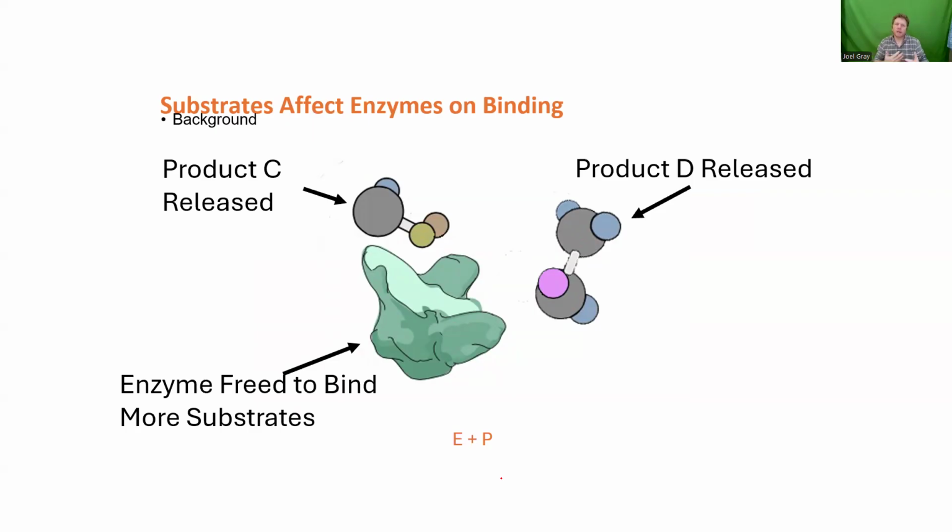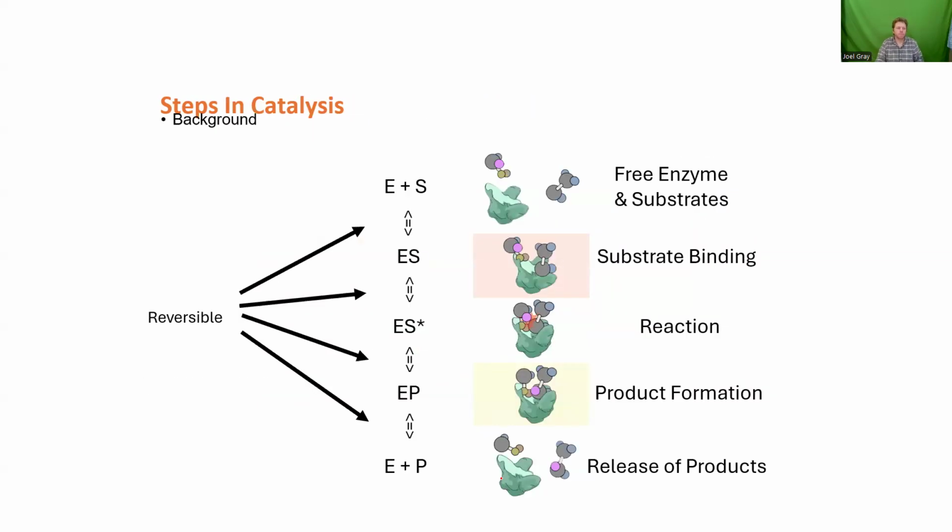So it's important to recognize that there is a progression of what's taking place here. We have a total of 5 steps typically. You have the free enzyme. The free enzyme is denoted by E, and that free enzyme is present prior to the binding of the substrate and after the release of our products.